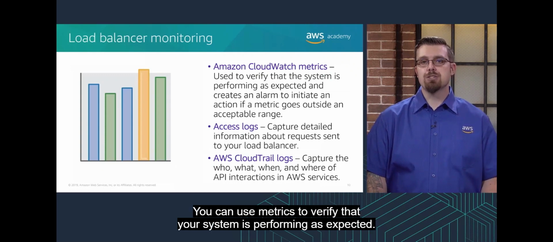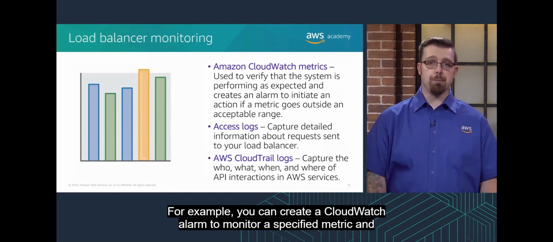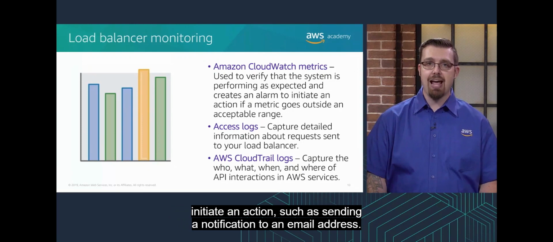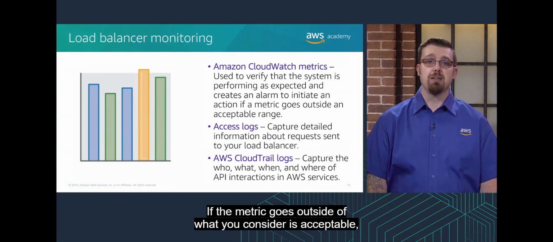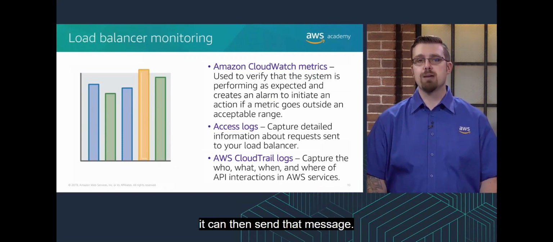You can use metrics to verify that your system is performing as expected. For example, you can create a CloudWatch alarm to monitor a specified metric and initiate an action, such as sending a notification to an email address. If the metric goes outside of what you consider acceptable, it can then send that message.